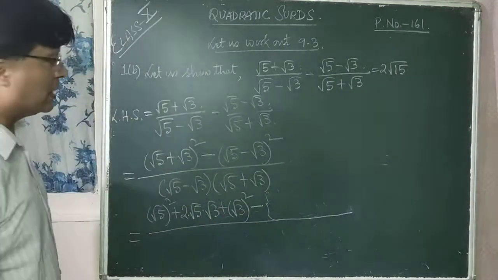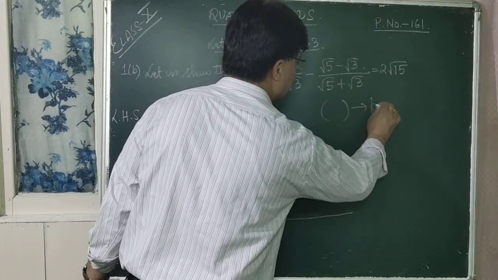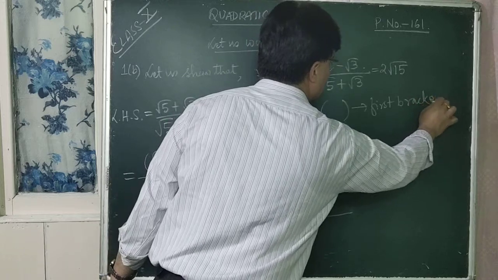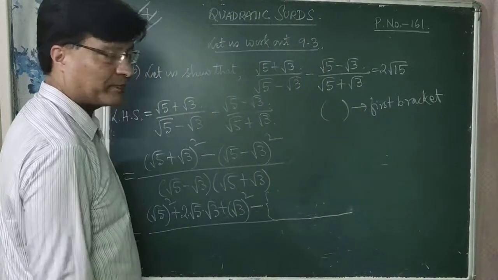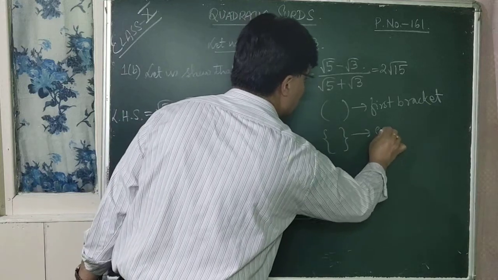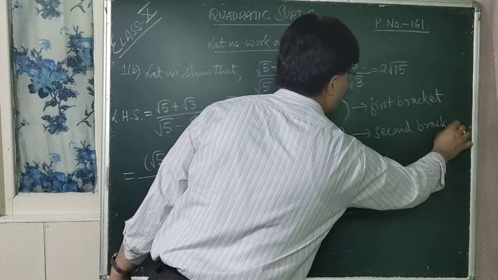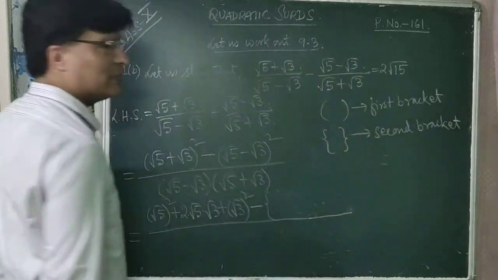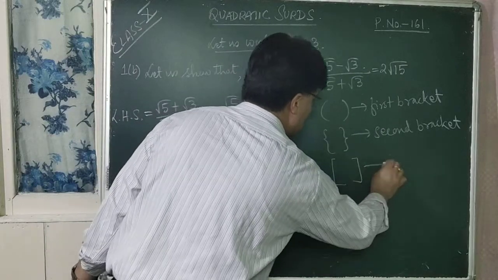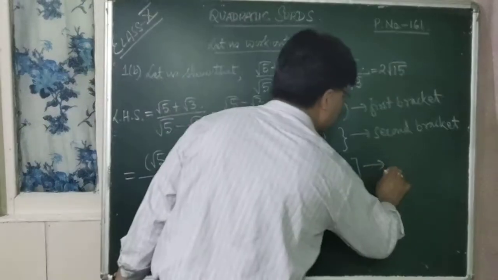So you should know this is known as the first bracket. This is known as curly bracket, or this is also known as second bracket. This is known as square bracket, or it is also known as third bracket.